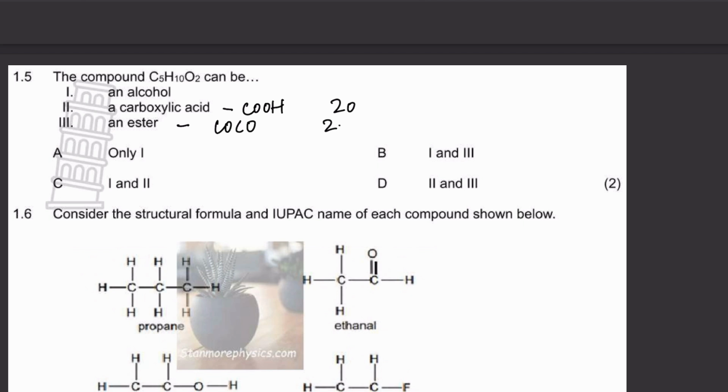So there's also 2 oxygens there. However, alcohols end in OH, right? So the options here that would match the molecular formula would be 2 and 3. So that means we are left with D.